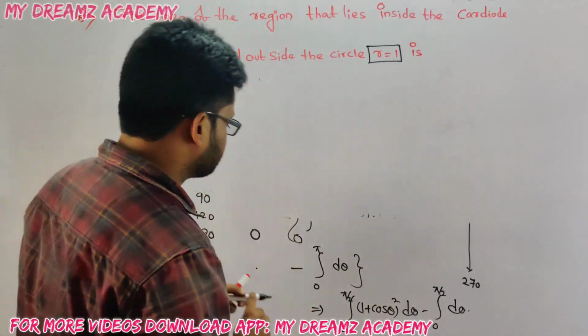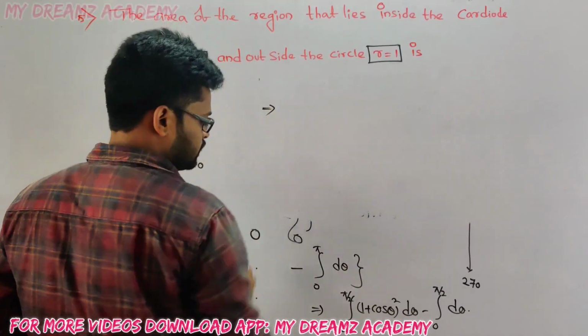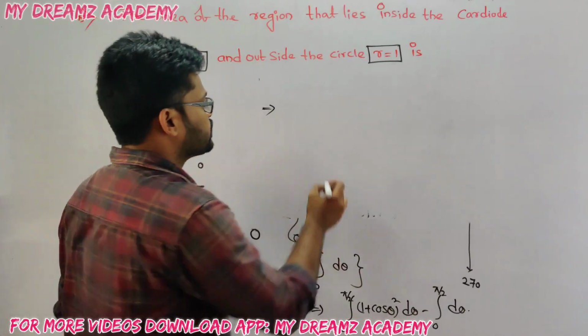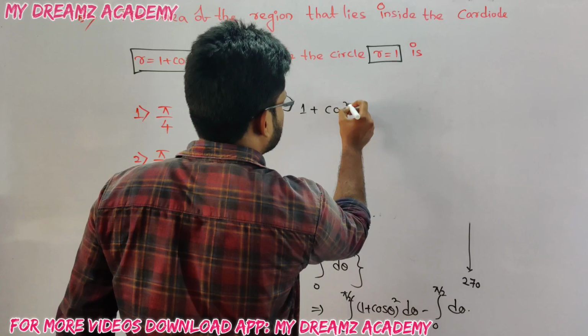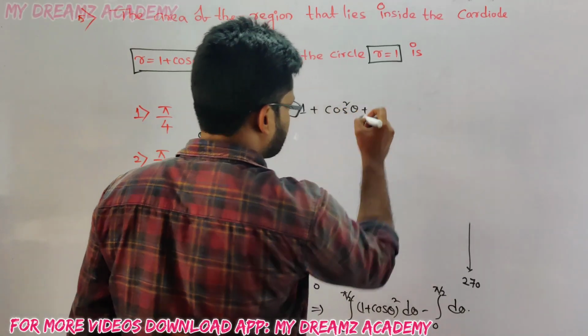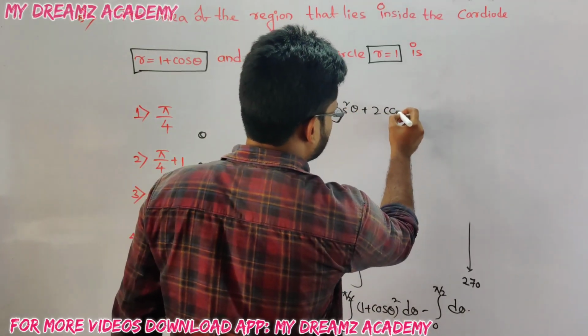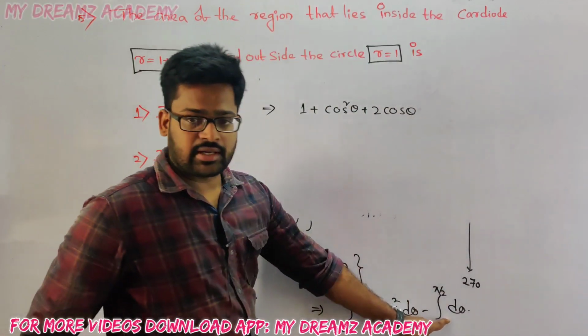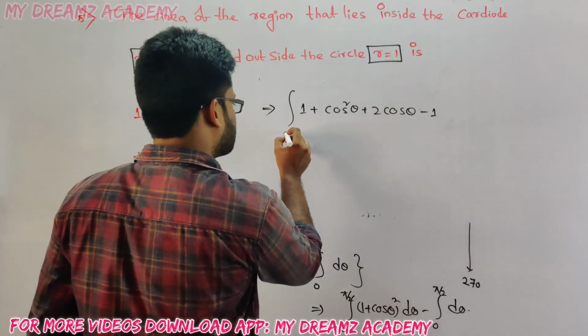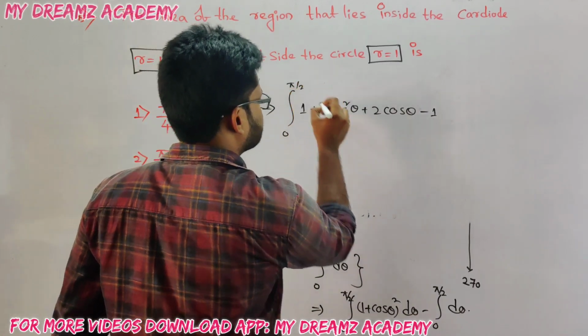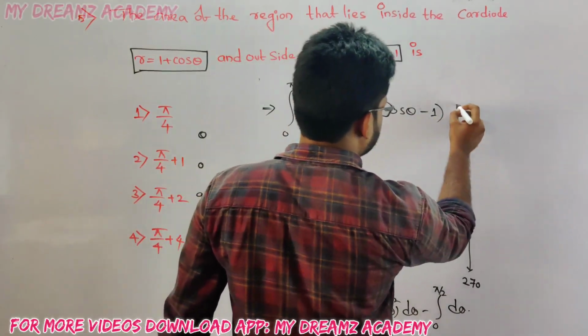If I further simplify this one, 1 plus cos theta whole square is nothing but 1 plus cos square theta plus 2 cos theta, and this one we have a minus integration over 0 to pi by 2 into d theta.